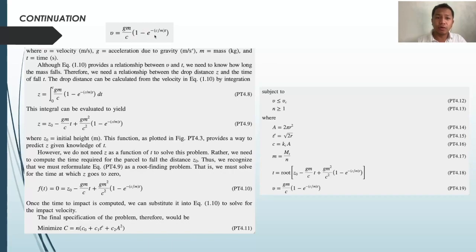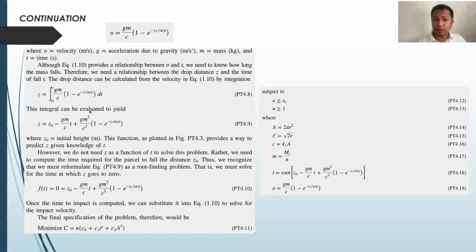It is through integration. Integrating this equation, we have z is equal to the integral of gm over c quantity 1 minus e to the power of negative quantity c over m times t dt from 0 to t.